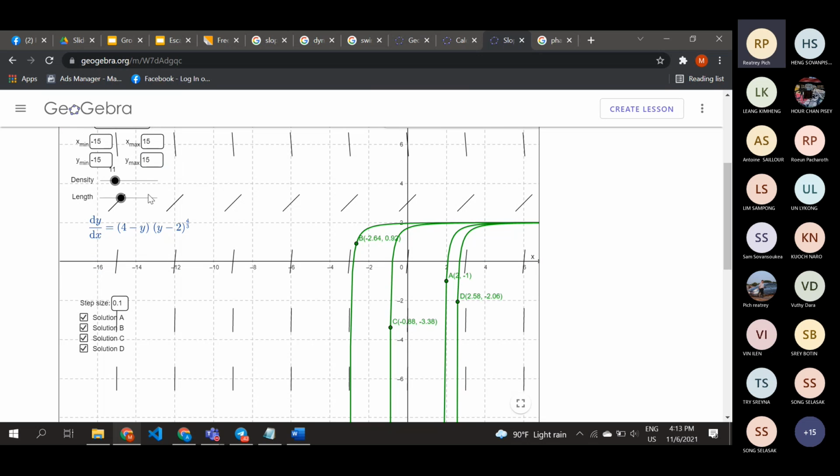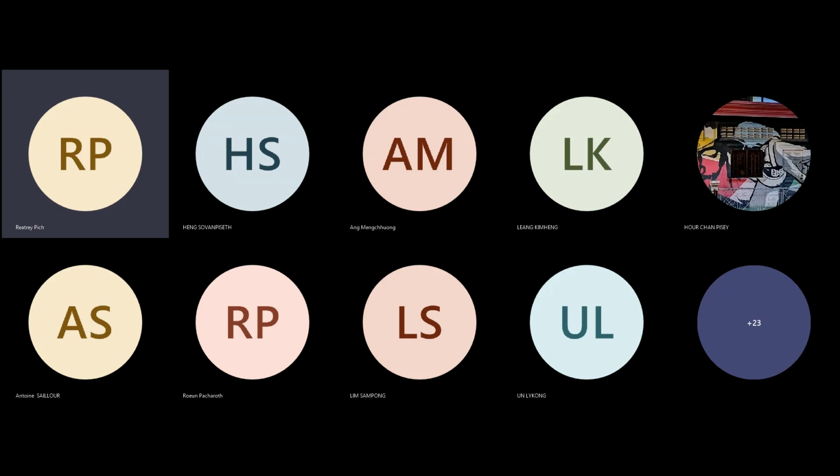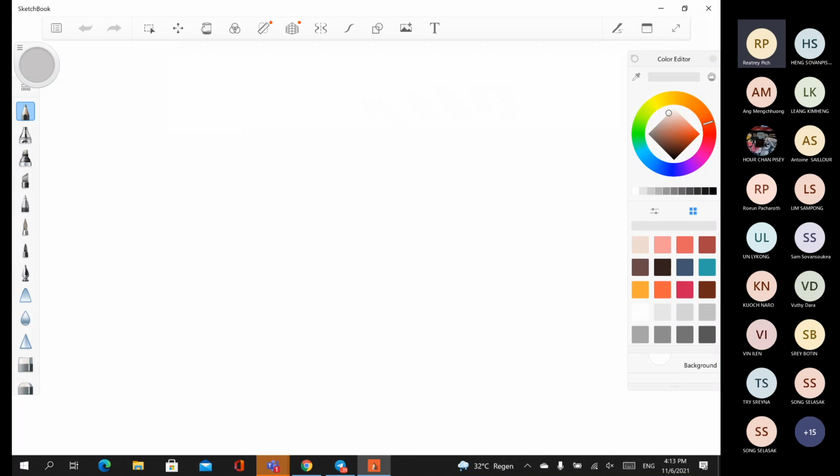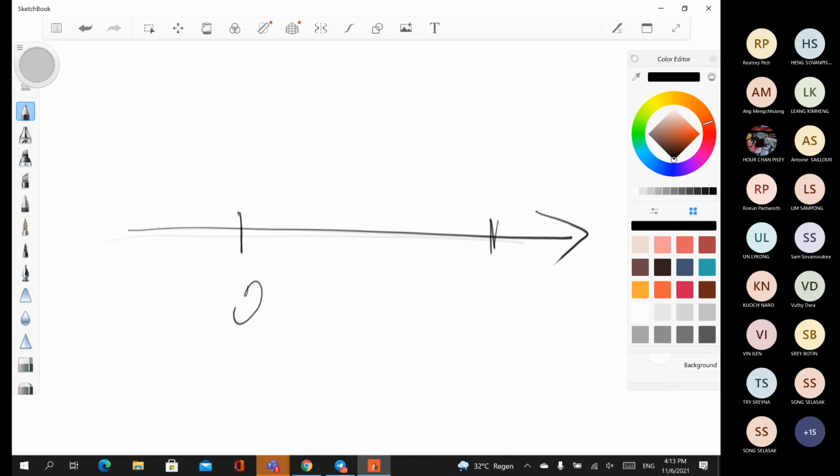Okay, let me show you. Okay, we have a value. I can draw here. I have a diagram here. At the end, you have two values, right? 2 and 4. You know that there is the first solution, second solution, third solution, and fourth solution.